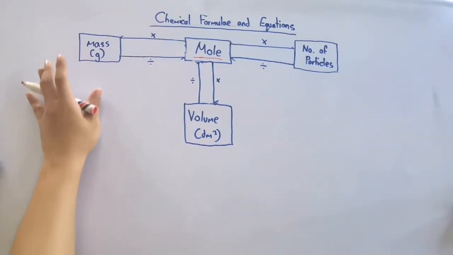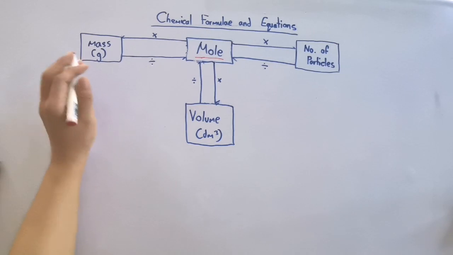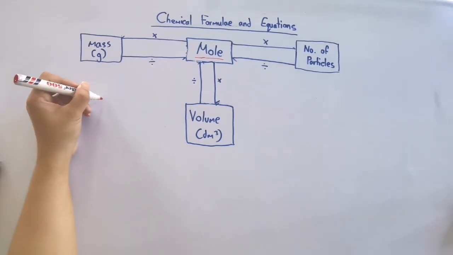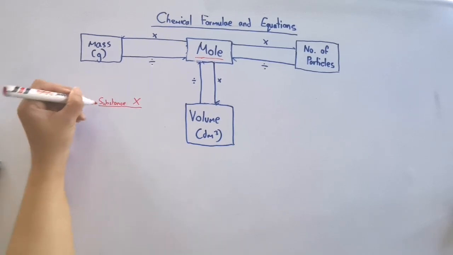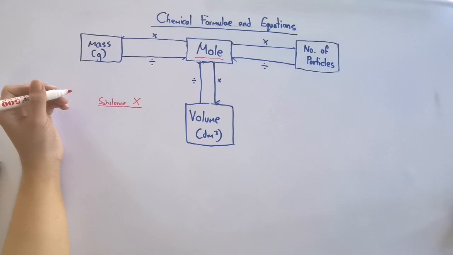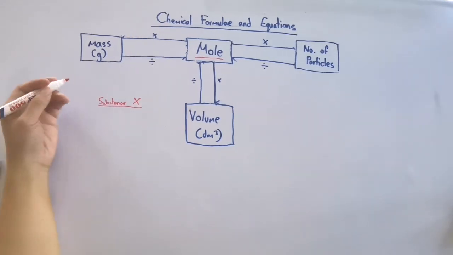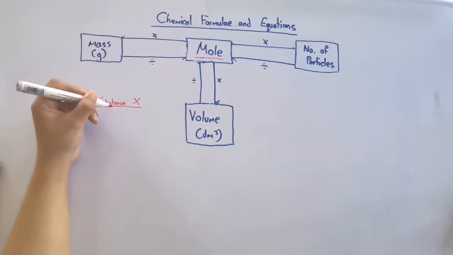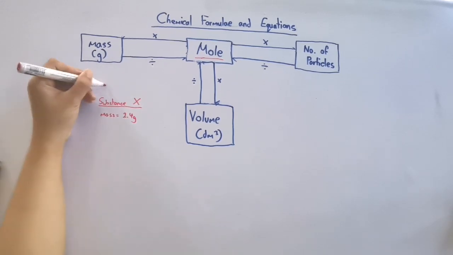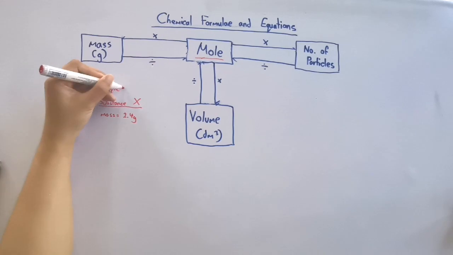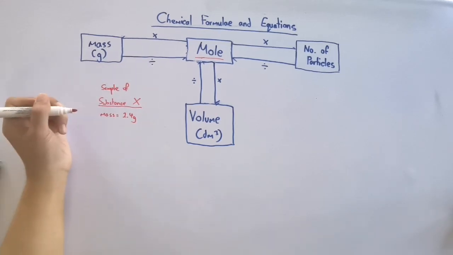So sometimes in a question or in an instance, let's say we have a substance, right? Let's just call it substance X for now. Let's say I know that substance X has a mass of 2.4 grams. I have a sample of substance X with a mass of 2.4 grams.